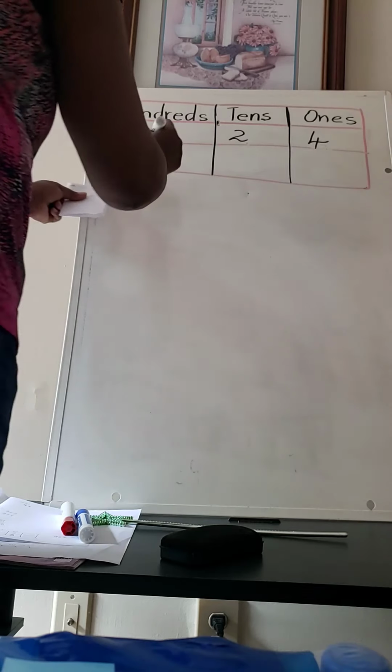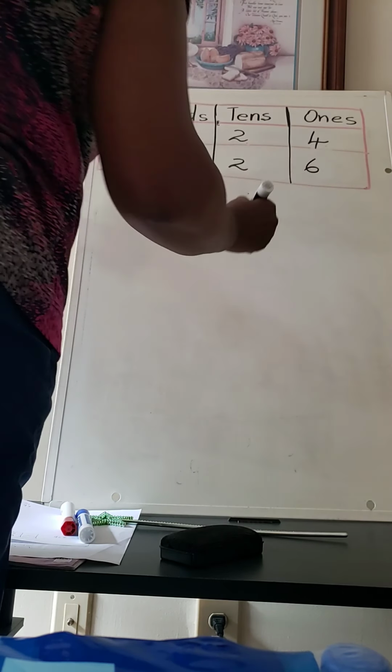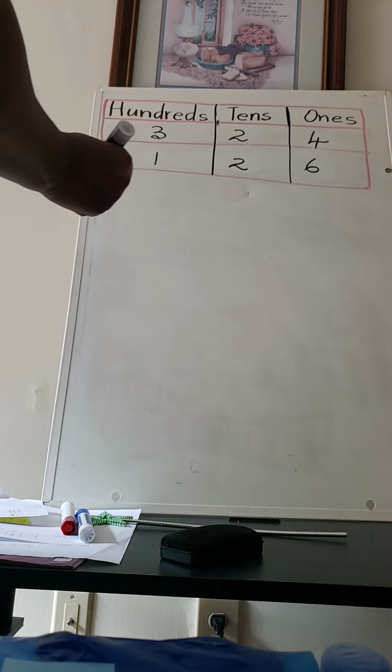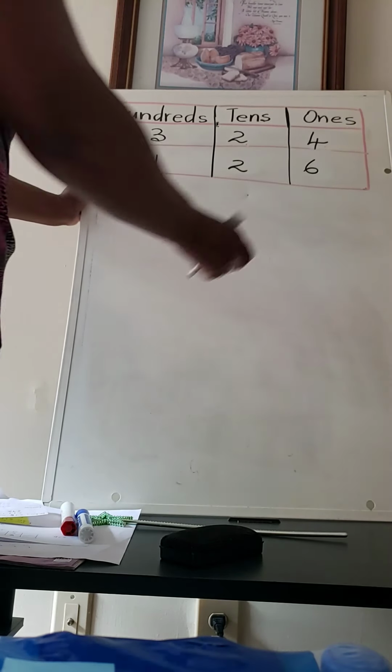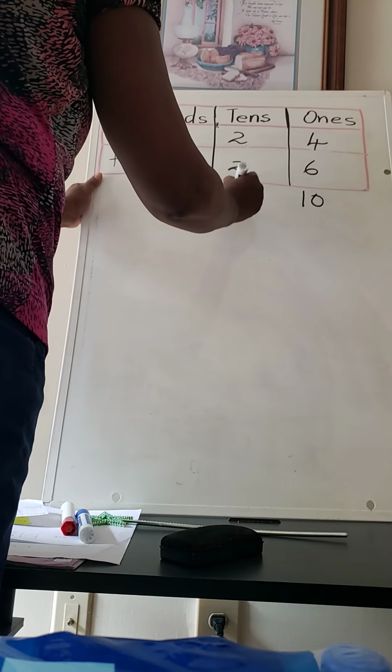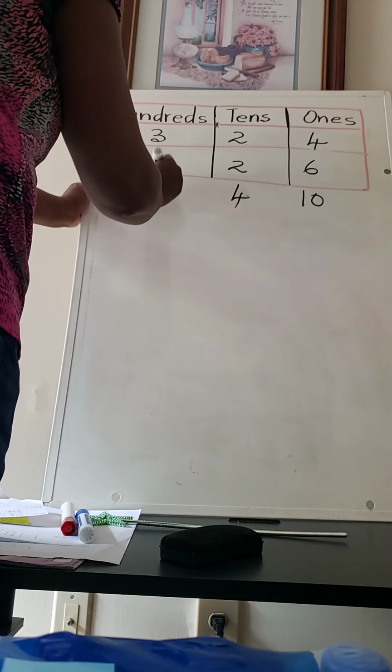And in Raleigh, 126 passengers boarded. They were heading for New York. So we're going to be adding 6 and 4 is 10. 10 ones. 2 and 2, 4. 3 and 1 is 4.